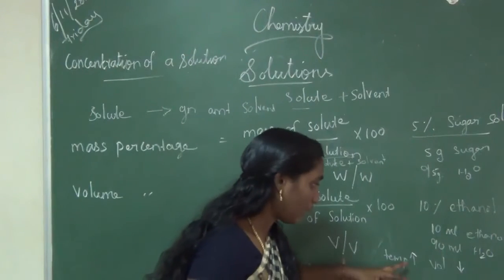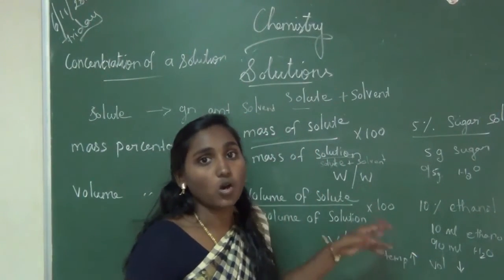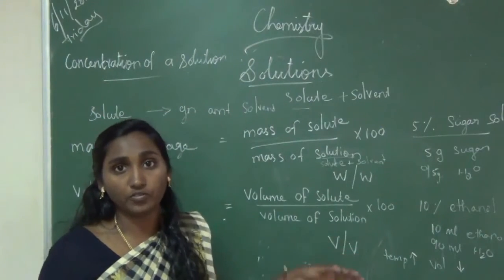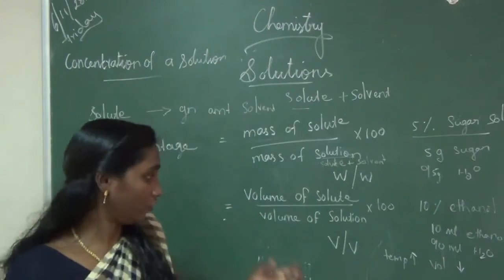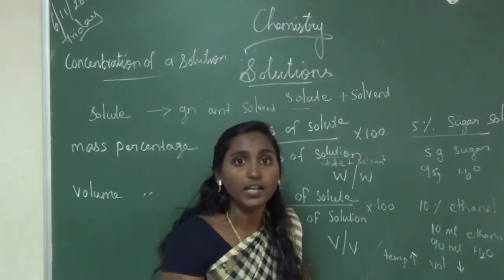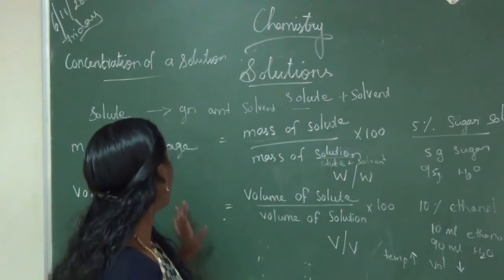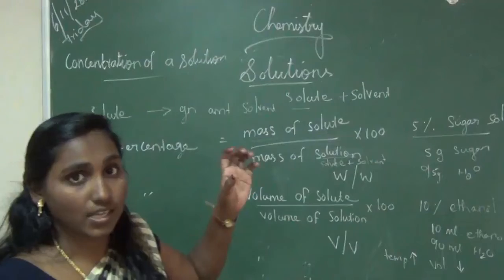Here when temperature increases, the volume will decrease because of expansion of liquid. When heating the liquid, it will expand, right? So because of the expansion of liquid, when temperature increases, volume will decrease. Have you understood?